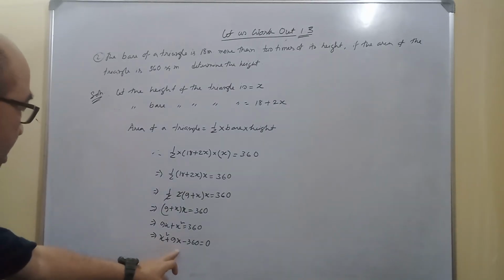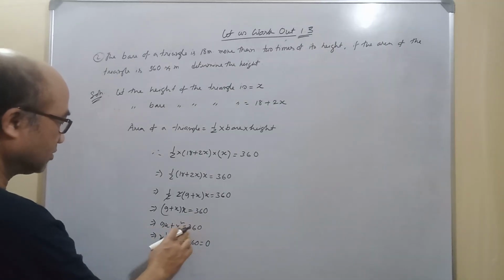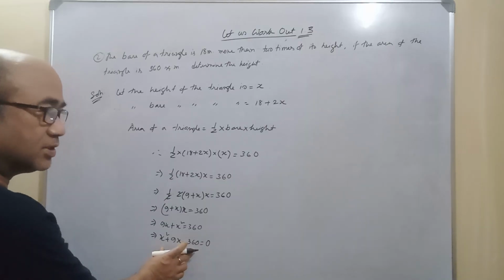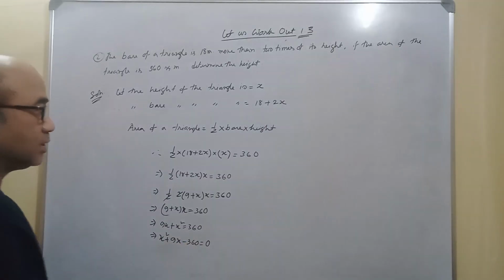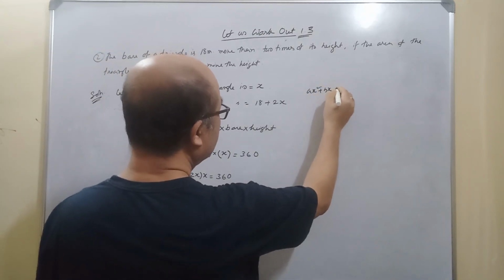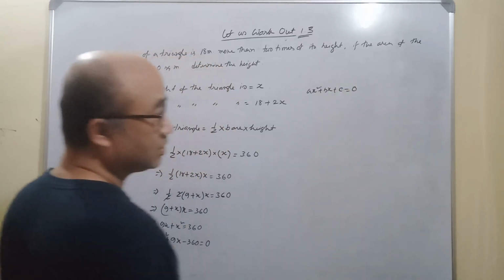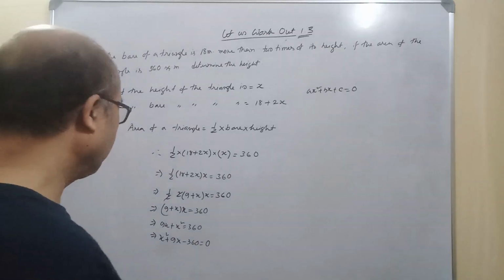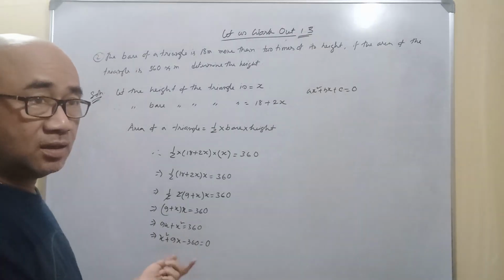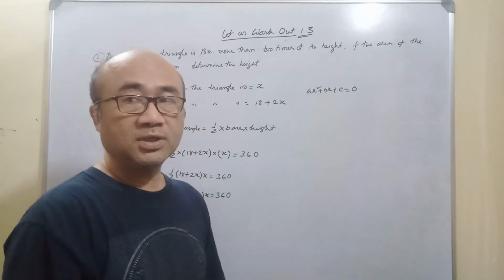X square plus 9x, transfer it to the left hand side, so it becomes x square plus 9x minus 360 equal to 0. Okay, you remember the standard form? ax square plus bx plus c equal to 0. So you can solve it by factorization or by completing the square or by using quadratic formula.